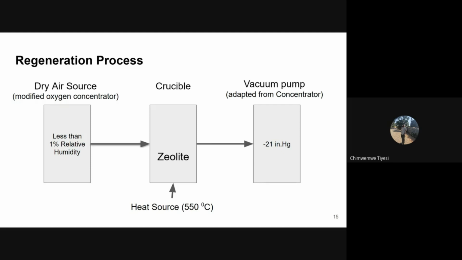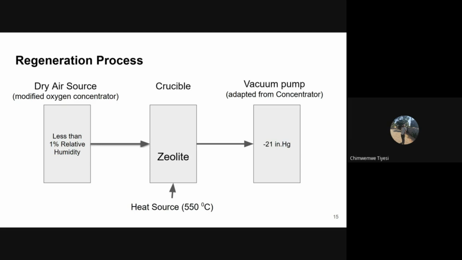So now to talk about the regeneration process, we have combined approaches from various sources found in literature and tested them in different combinations to determine their effectiveness. Based on our current findings, we have developed a reproducible process for regenerating zeolite in batch sizes that are commonly found in medical oxygen concentrators, that is, 1.6 to 4 liters of zeolite.